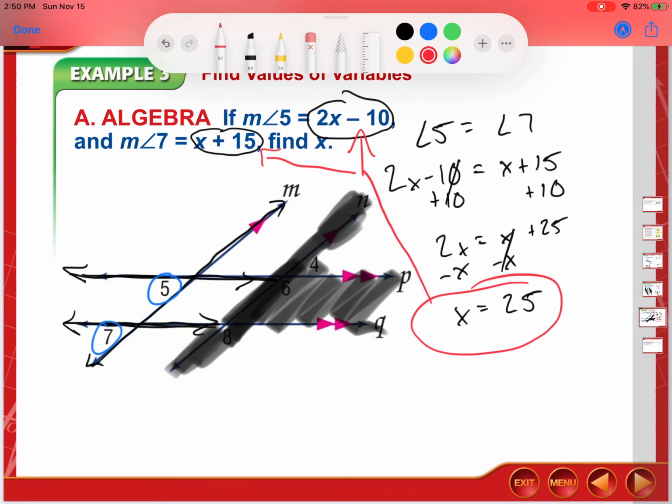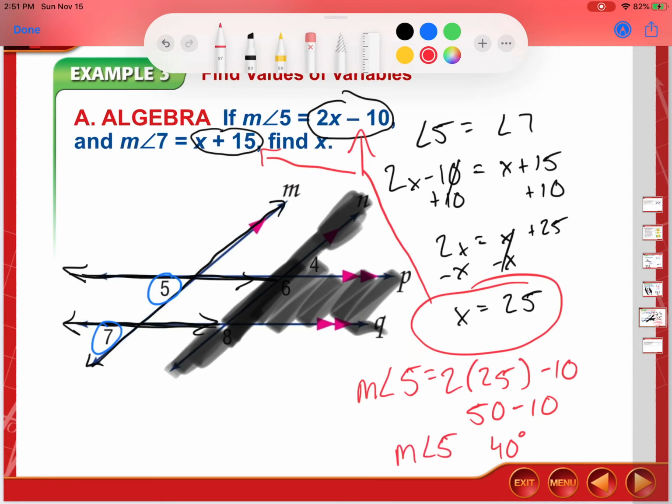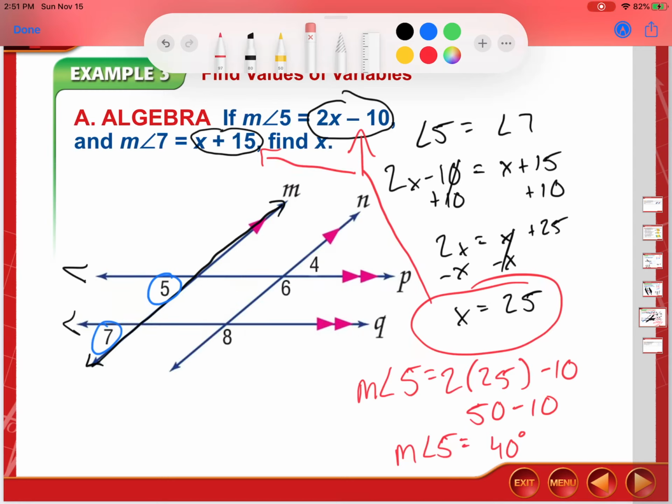So I could plug 25 into angle 5's equation: the measure of angle 5 equals 2 times 25 minus 10. So the measure of angle 5 equals 50 minus 10, which means the measure of angle 5 is 40 degrees.